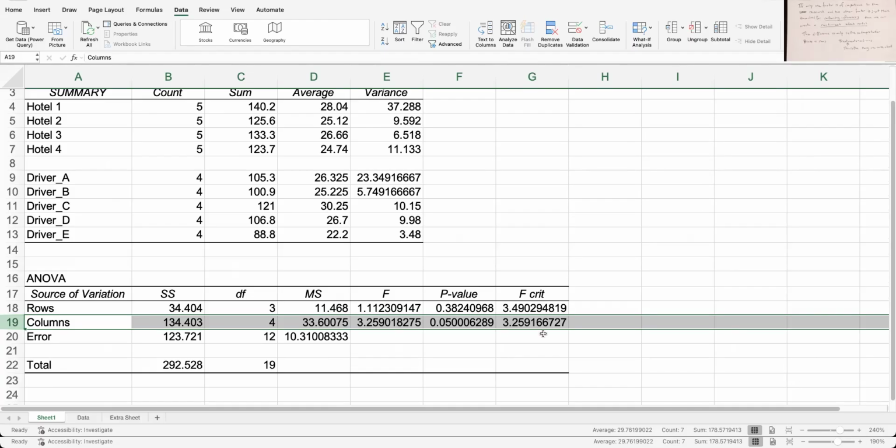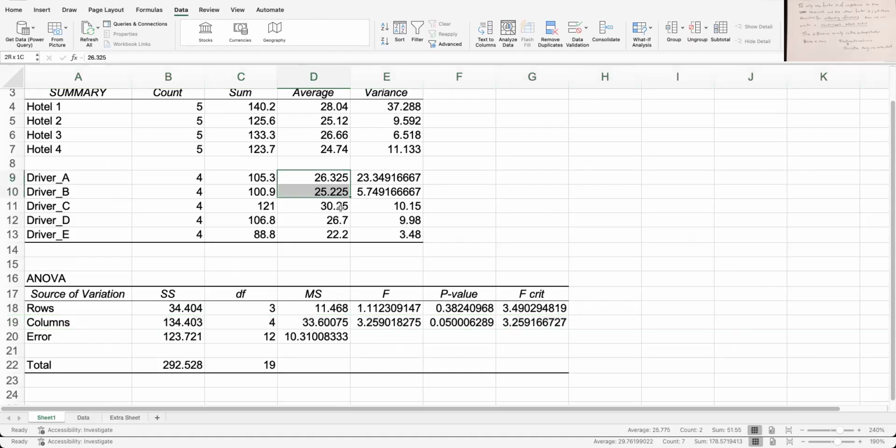Hang on a second. Which driver you get doesn't really matter? Look at the average drive times by driver. It's pretty clear one of these people has a distinctly larger average than the other, right? But what we're saying is that the standard deviation, the spreads here, are kind of uniform around the grand average.